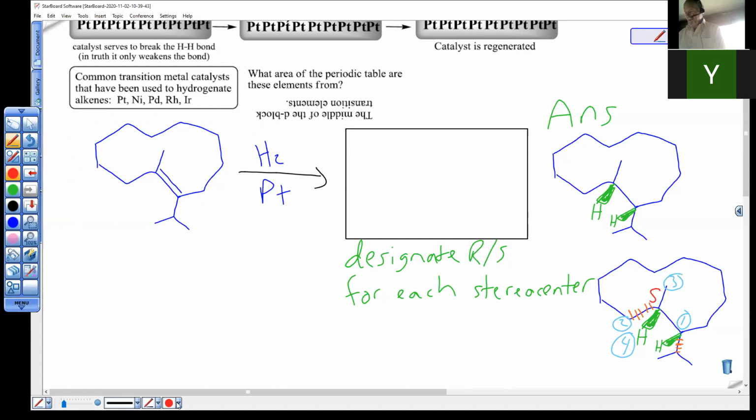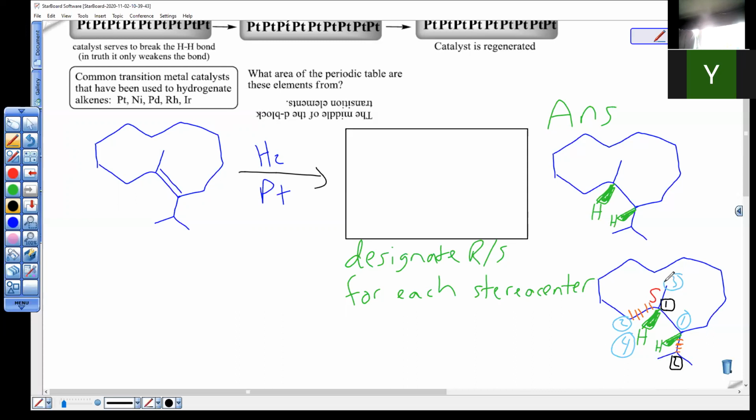And the other stereo center we'll do in, why not black? We haven't used black in a long time. Why is this branched C a higher priority than this branched C? Well, the two branches here are both methyls.